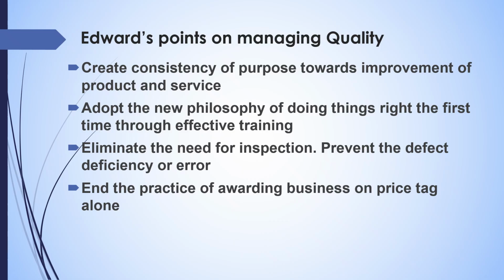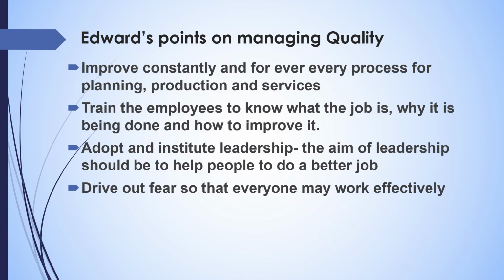End the practice of awarding business on price tag alone. So let's say that based on the price, the reward is provided. No, you should stop that practice of rewarding business on price tag alone. Improve constantly and forever every process for planning, production and services. All the aspects of planning, production and services need to be improved.